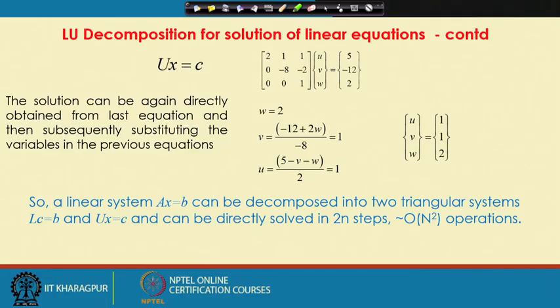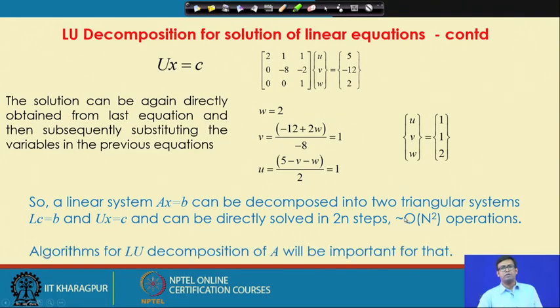So, I need some better algorithms for LU decomposition, other than Gauss elimination, which at least for certain cases can give us this decomposition in fewer steps than the Gauss elimination steps.